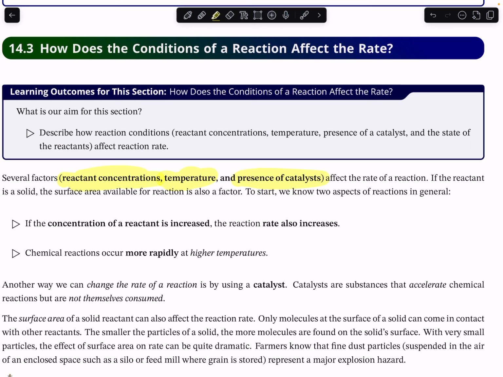So the basic idea here is if we increase the concentration of a reactant, then the rate also increases. And that should inherently make sense. If you have more reactant in a beaker, in other words, there's more molecules to react, you inherently increase the reaction rate. In other words, if you give more petrol to the car, then the car will go quicker.